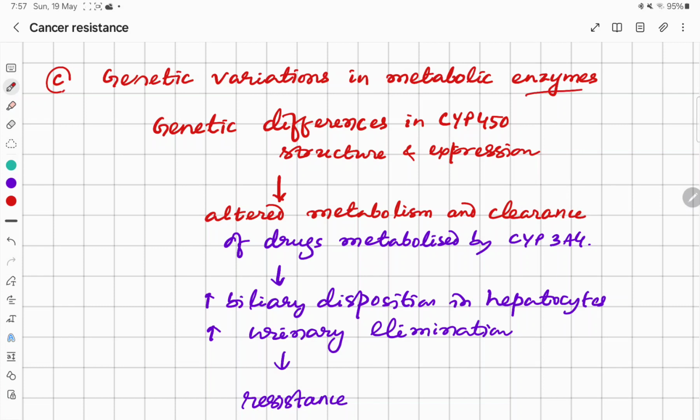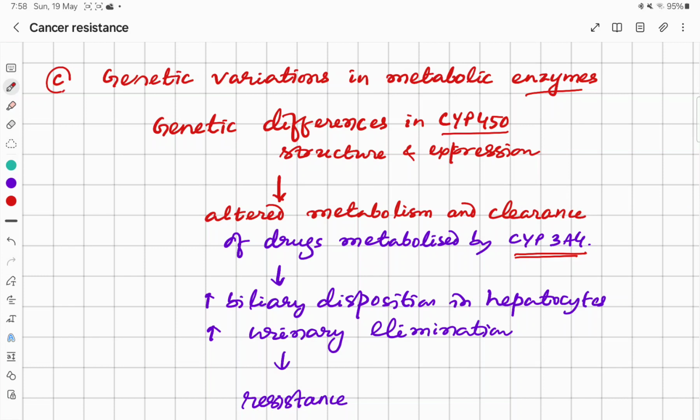Mostly the enzymes affected are the cytochrome P450 group of enzymes, whose structure and expression show genetic differences, and the example here is CYP3A4.